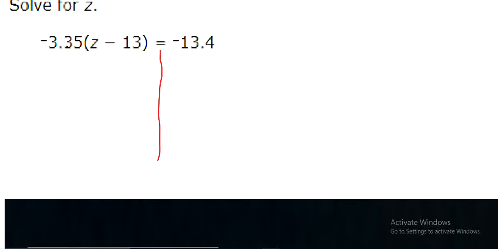Now I do see how we're multiplying this set of parentheses by negative 3.35 because there's no symbol here. So we're going to have to divide by negative 3.35. And we'll do that on both sides.